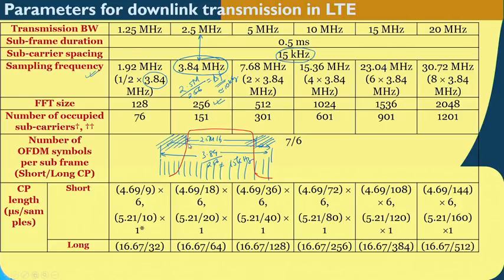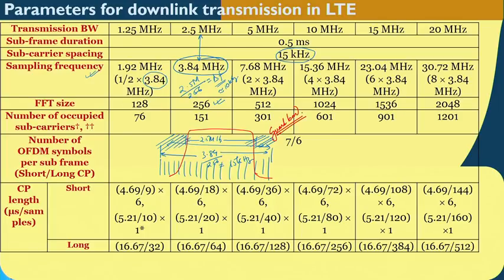So, there is a spectral mask which is very clearly defined, and one is able to effectively use the available bandwidth with as low adjacent channel interference as possible, while having sufficient guard band.